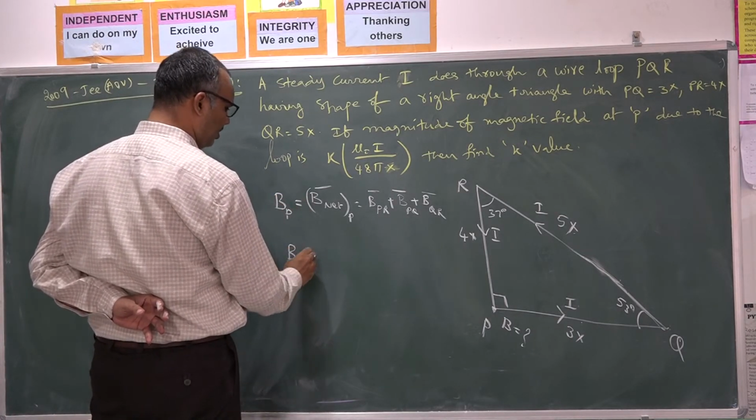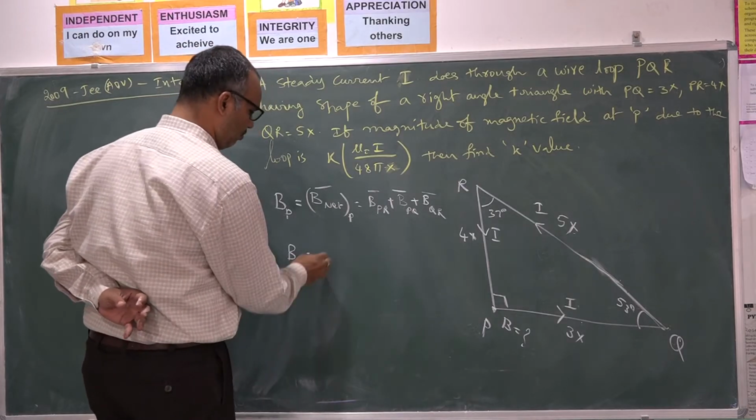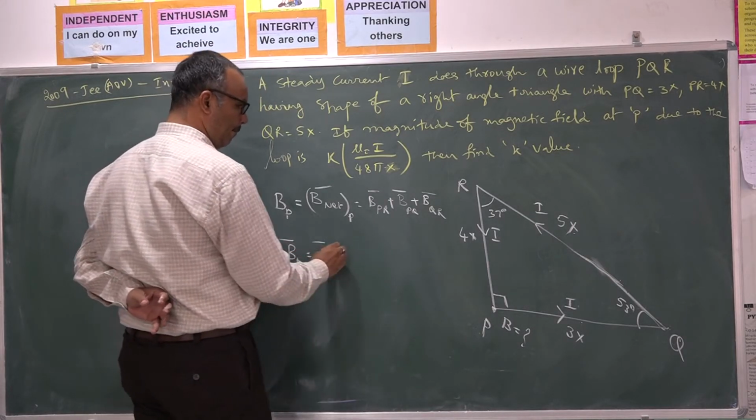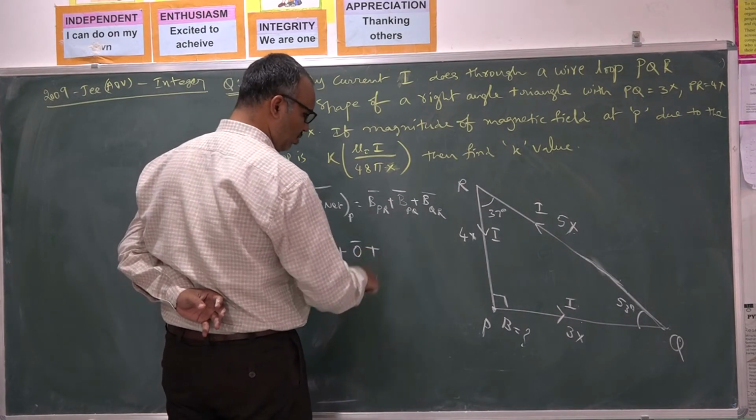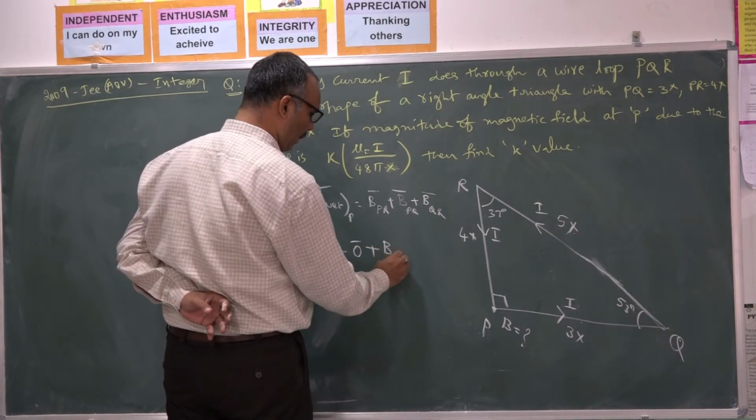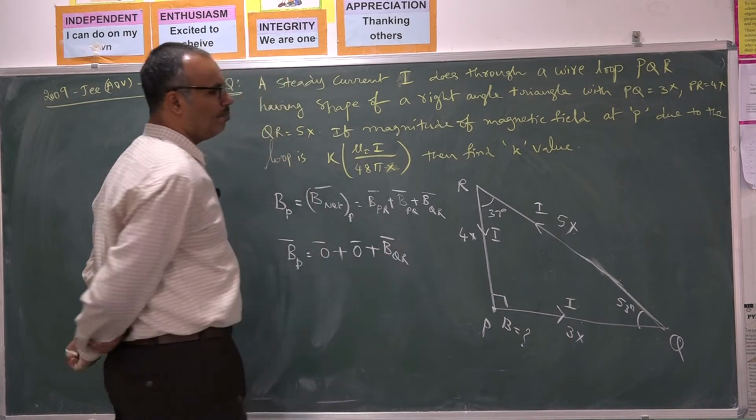BPR is 0. BPQ is also 0, in the same line. Only we are left with BQR.